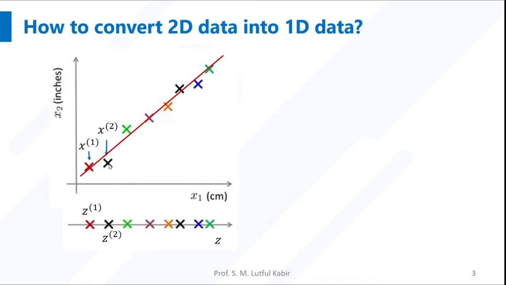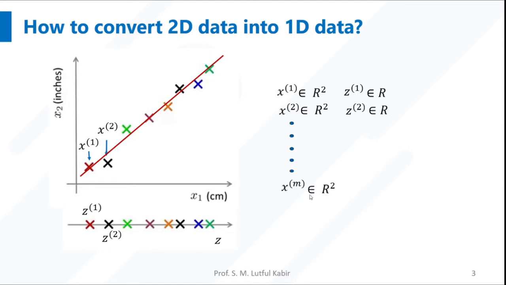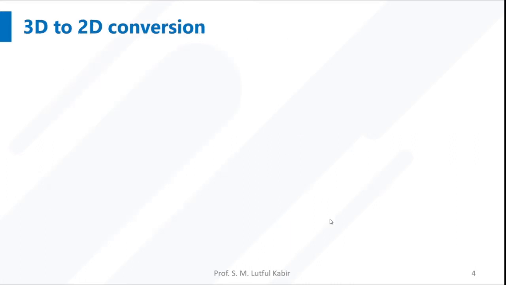Similarly, x2, which has two components, you can convert into z2. So x1 is a two-dimensional data, but z1 is single-dimensional, just a real number. Similarly, x2 is also two-dimensional, and z2 is single-dimensional, just a real number. So similarly, all the data up to xm are two-dimensional, and the corresponding z is a real number, single-dimensional. In this way, you can convert two-dimensional data into single-dimensional data.